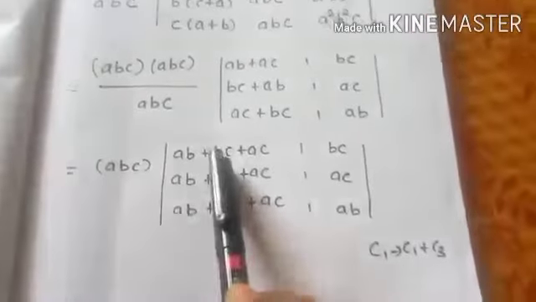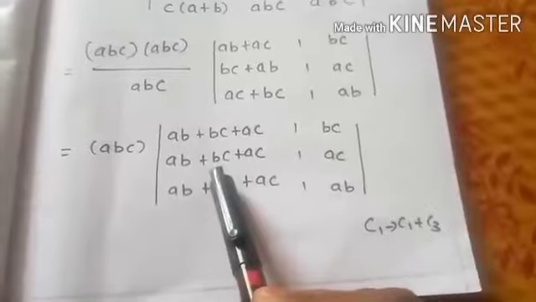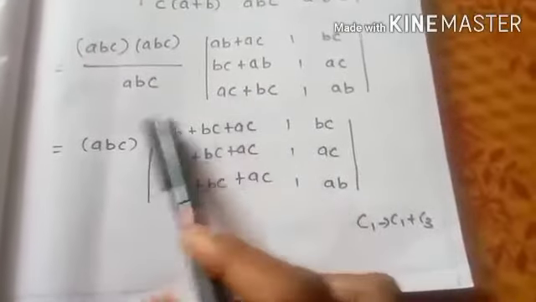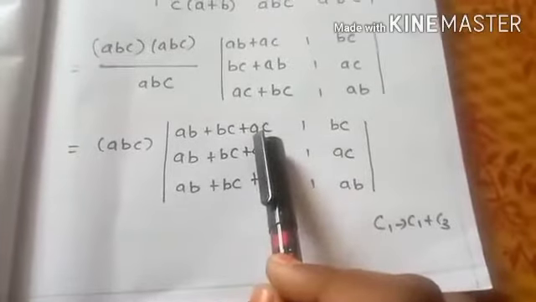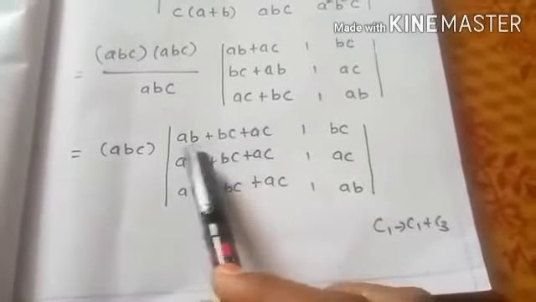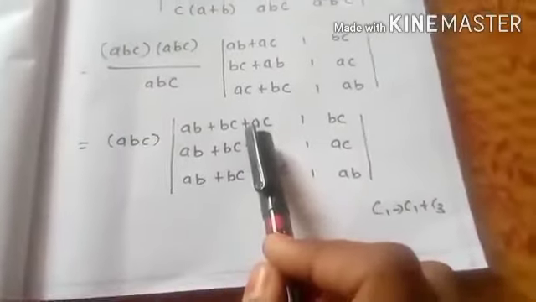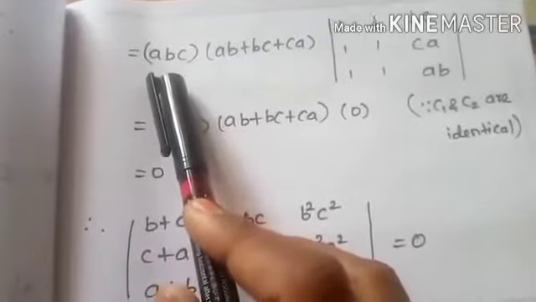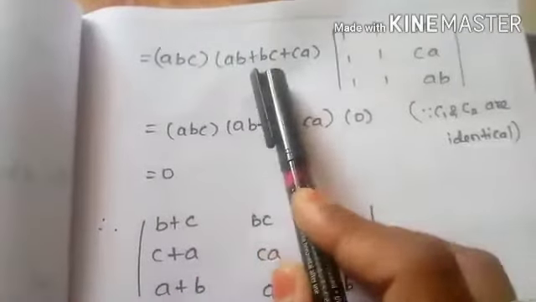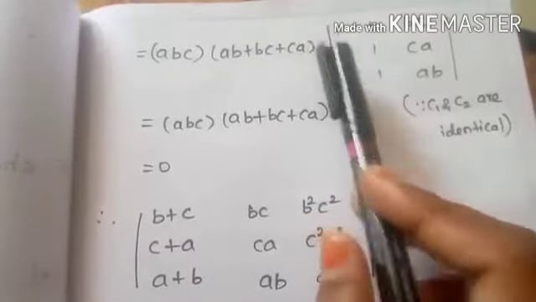In this determinant, in C1 all three elements are the same, so we can take ab plus bc plus ac as the common element outside of the determinant. So this equals abc into ab plus bc plus ca into the determinant of 1, 1, 1.